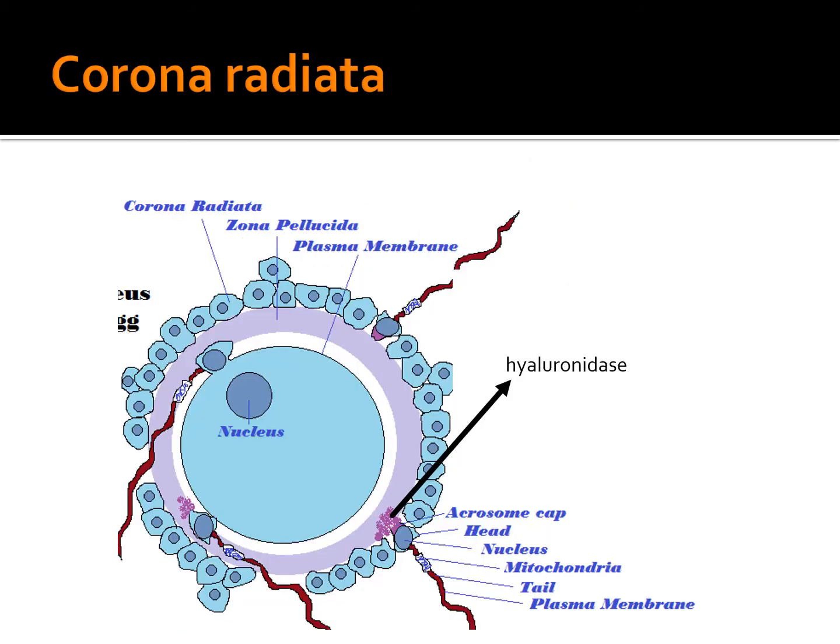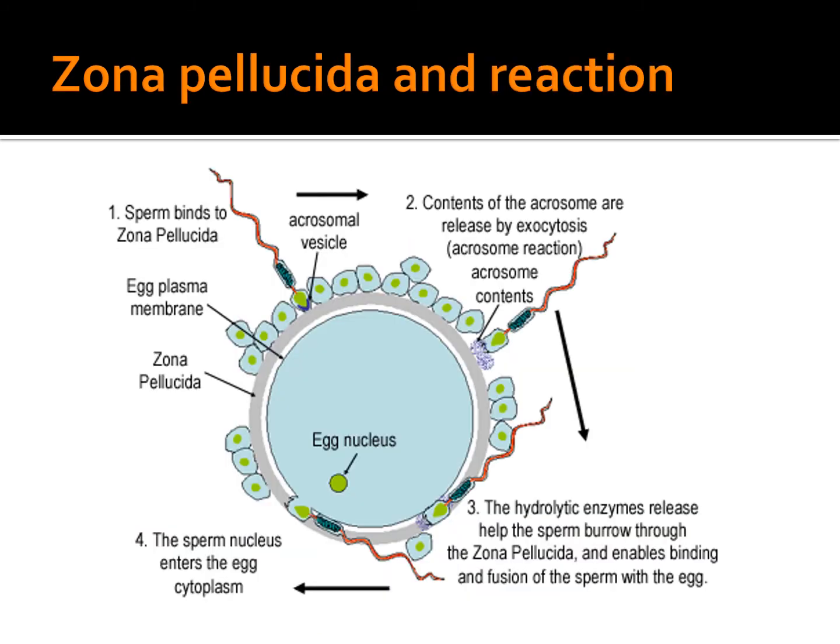Now we'll see how the first barrier, the corona radiata, disintegrates. It is disintegrated by the enzyme hyaluronidase, which is released from the acrosomal cap. The second barrier is the zona pellucida.